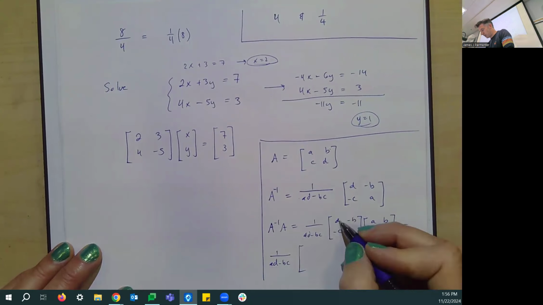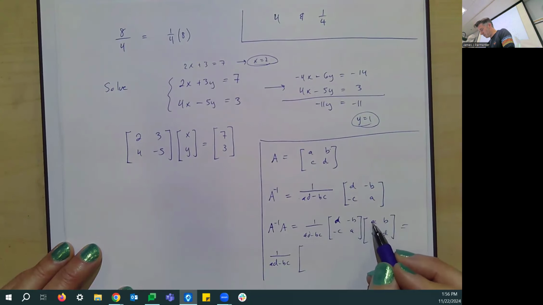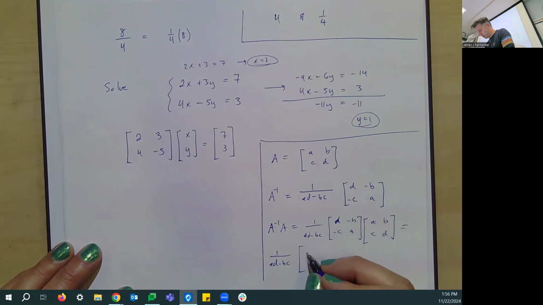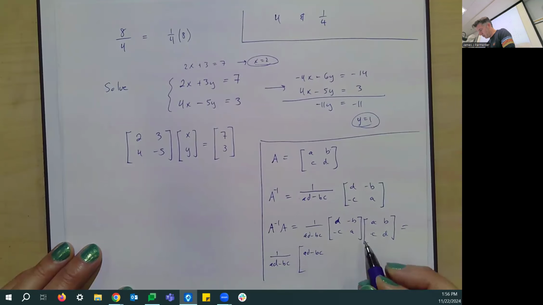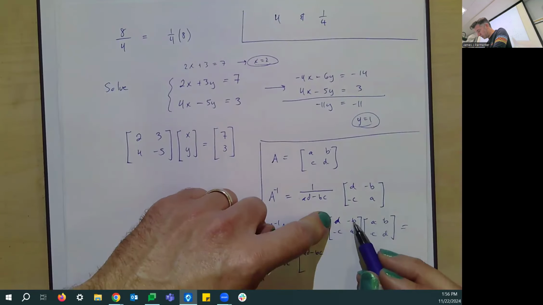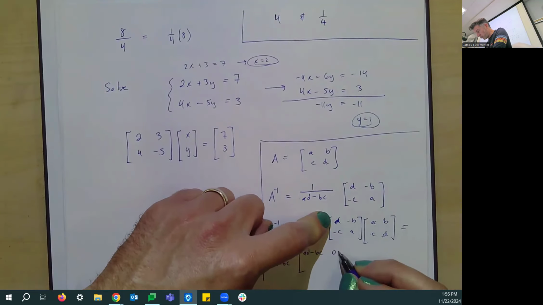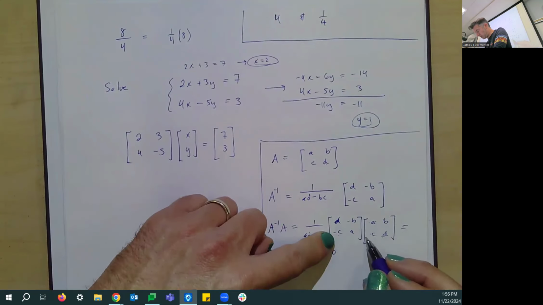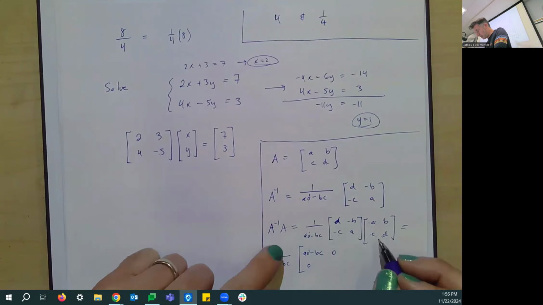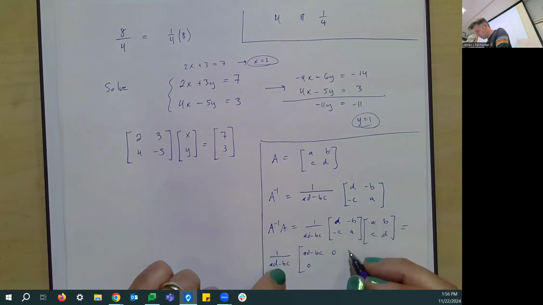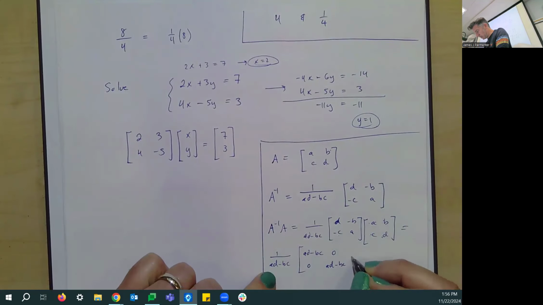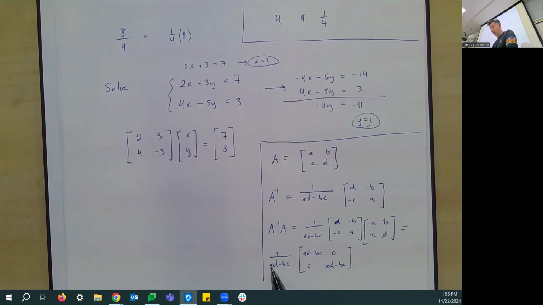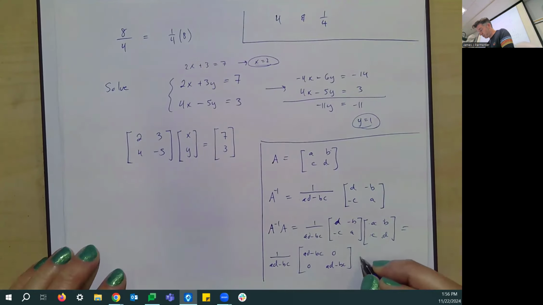We're going to get D times A minus B times C, or AD minus BC. We're going to get D times B minus B times D, which is 0. We're going to get negative C times A plus A times C, which is also 0. And negative C times B plus A times D, which is AD minus BC. And if we distribute the 1 over AD minus BC, you're going to get 1, 0, 0, 1.